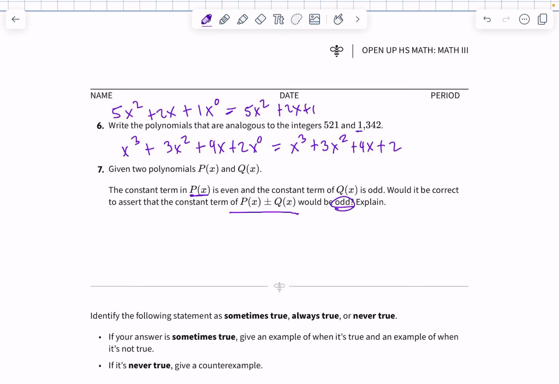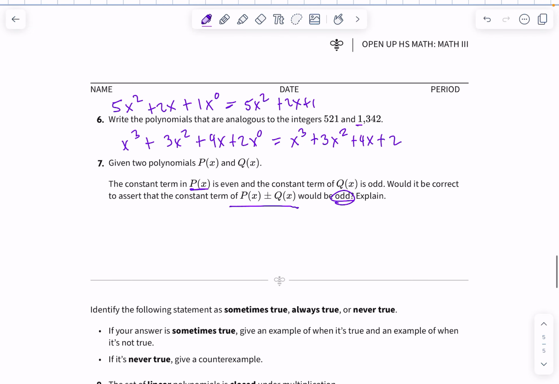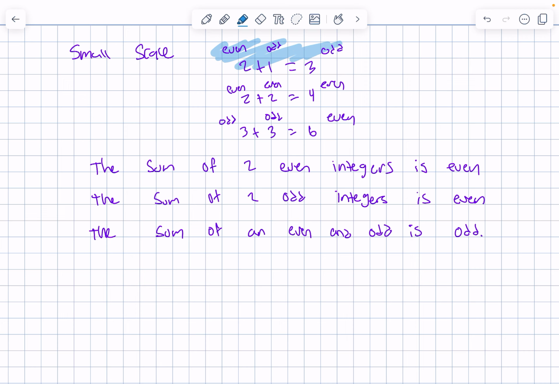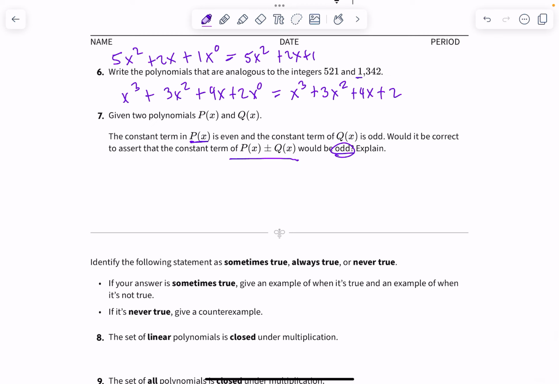So what did I talk about earlier in the question when we did it over here? They're telling us that it's even and odd. So even and odd was always going to be odd. Okay. So adding polynomials is analogous to adding integers.